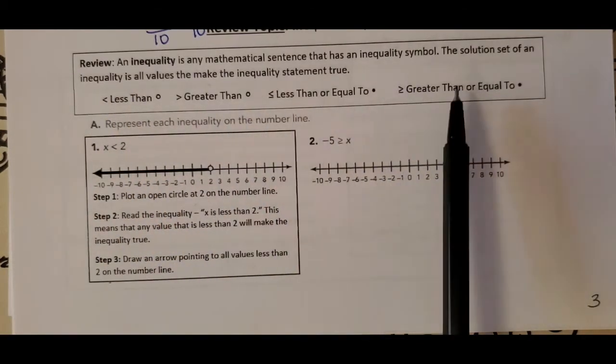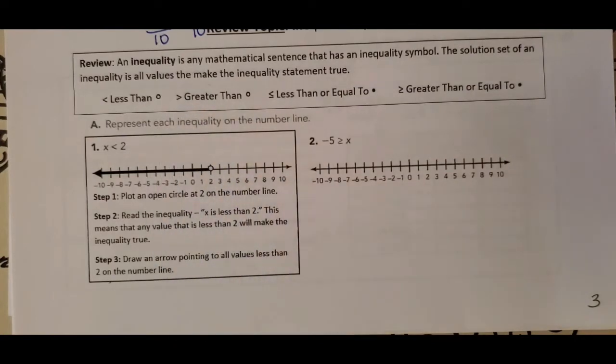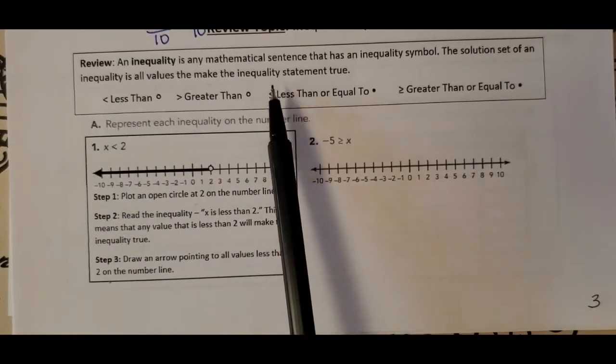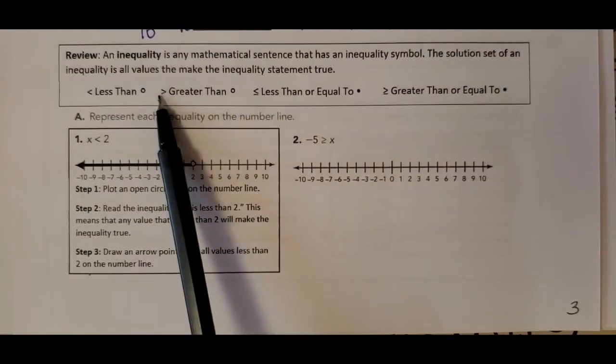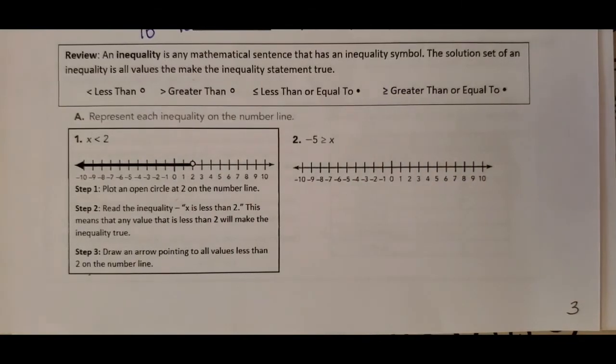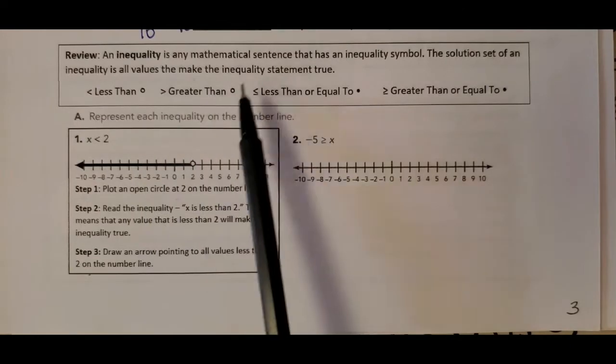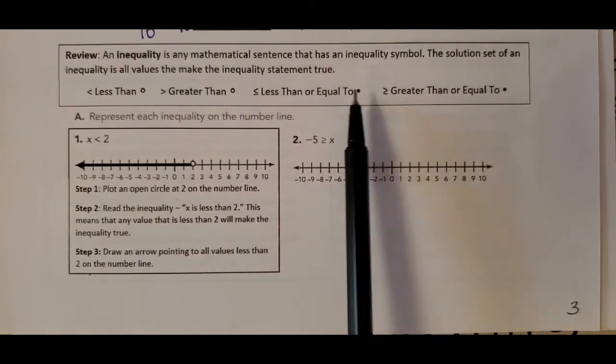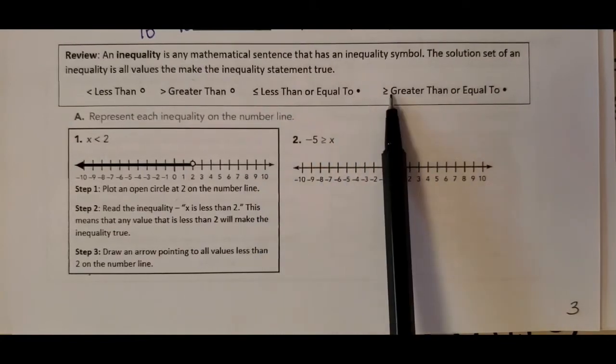If it is greater than, it's going to be shaded to the right. How do I know this? Well, a good trick is to look at the way the arrow is pointing. And it is pointing the way that you are supposed to shade. These dots are if it is an open or closed dot. Remember, closed is when it has the equal to sign on the bottom.